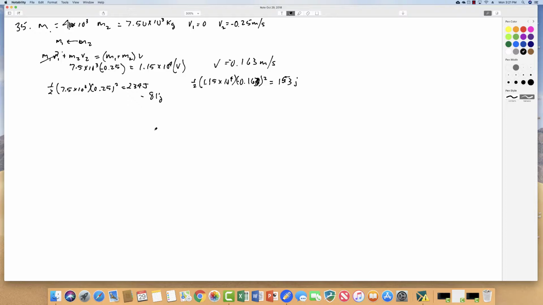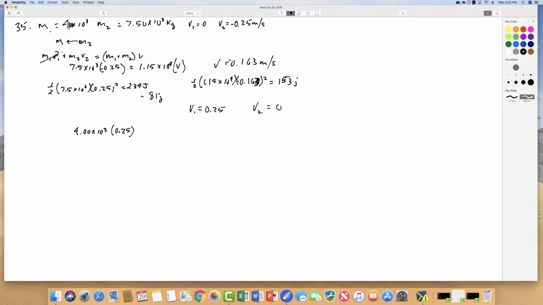Now it says repeat both parts, but reverse the frame of reference. That is, you have the second V2 is now 0, and so now V1 is 0.25, and we're going to say it's positive, and V2 is 0. So in this top equation, I'm just going to write this down, 4 times 10 to the third times 0.25.